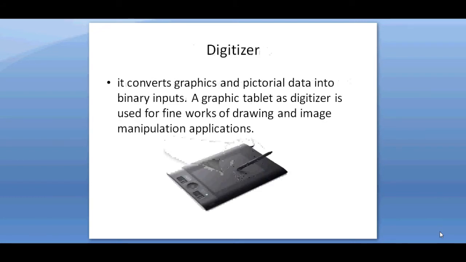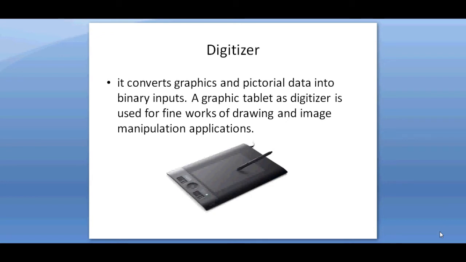Next input device is digitizer. Digitizer is an input device which converts analog information into digital form. Digitizer can convert a signal from the television or camera into series of numbers that could be stored in a computer.